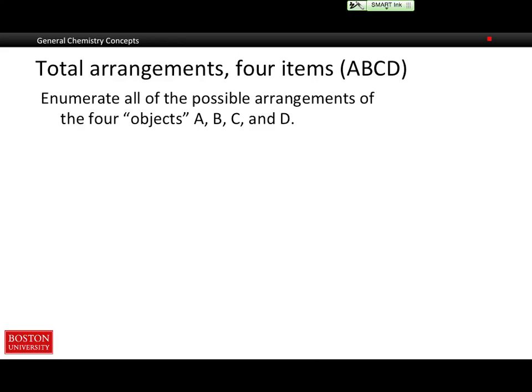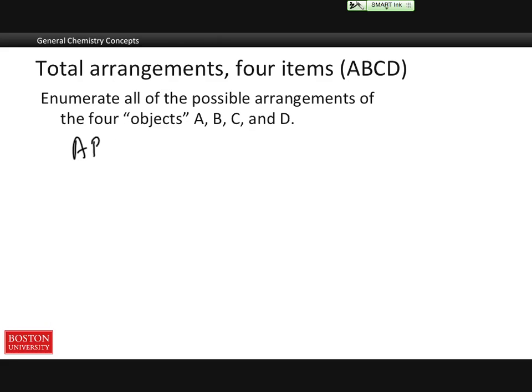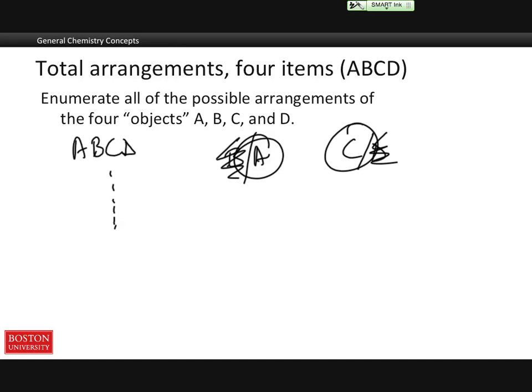So once you've had all of your arrangements, hopefully you found 24 arrangements of A, B, C, and D. Now I'd like you to assume that B and A are indistinguishable and C and D are indistinguishable, and turn all of your B's into A's and turn all of your D's into C's. And when you're done with that, you can hit play again.